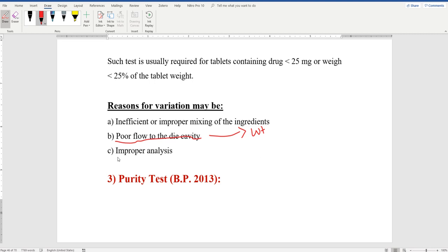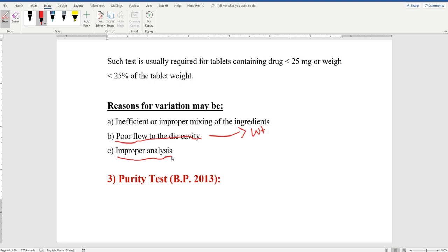Okay, another reason can be improper analysis. Your analysis method is not validated or you are not doing it correctly. You are getting inconsistent results. There are other reasons, maybe I did not talk about them, such as when you are having granules of different size.